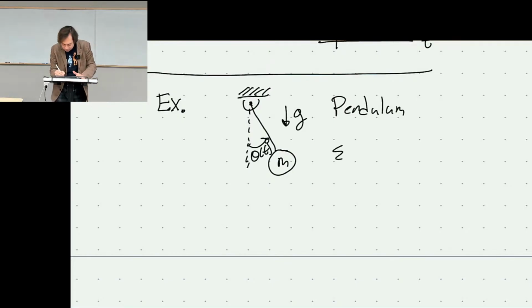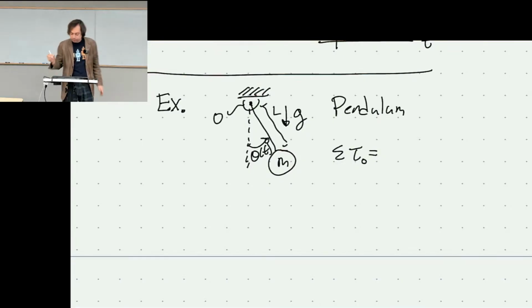Let's sum all of the torques about this point O. We're going to have a length of this pendulum, L. And the sum of the torques is going to be equal to your moment of inertia times your acceleration. So you can have some moment of inertia, I, and the acceleration of that angle.